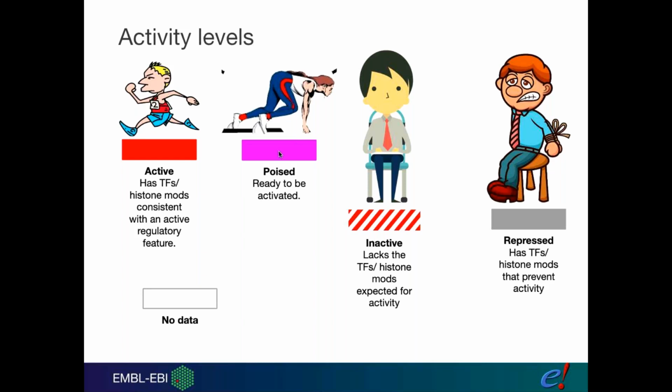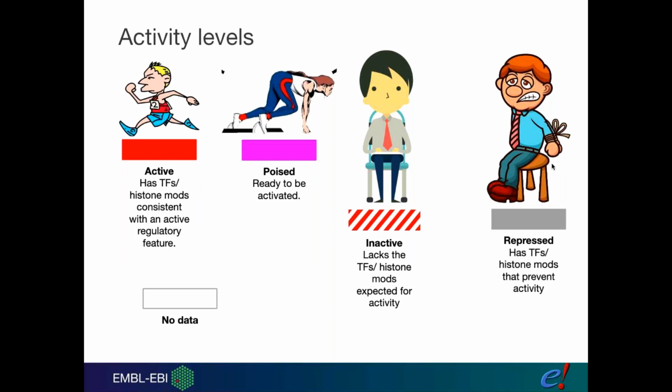For a promoter, that usually means it's got everything except RNA polymerase. It's got everything it needs. It just needs a trigger, and it will go. We also have inactive, so it just lacks the stuff that would make it active, and repressed, which means you have transcription factors and modifications which are preventing activity.